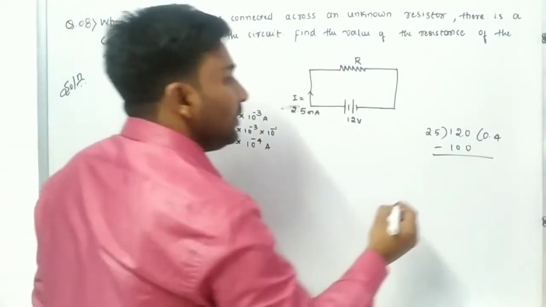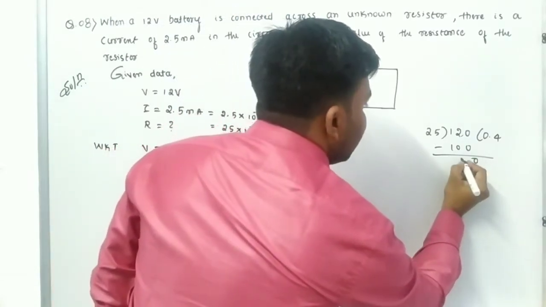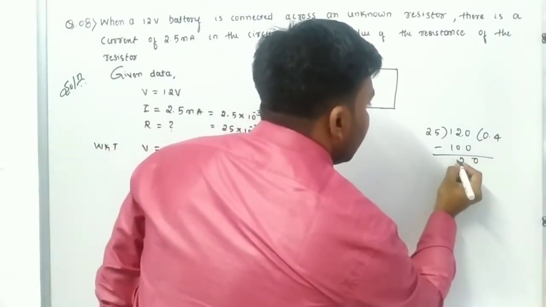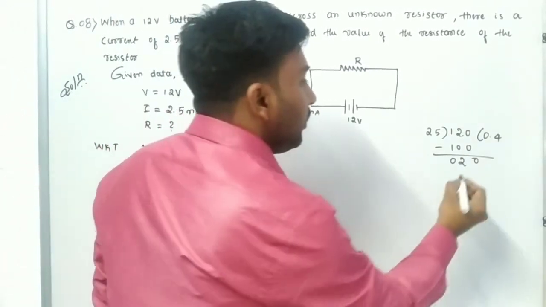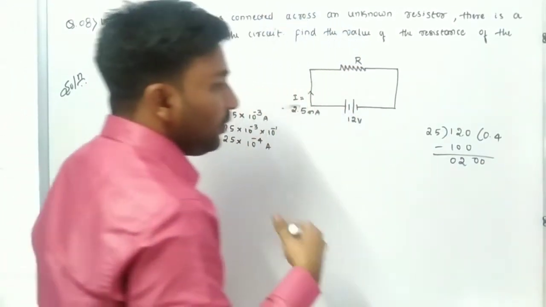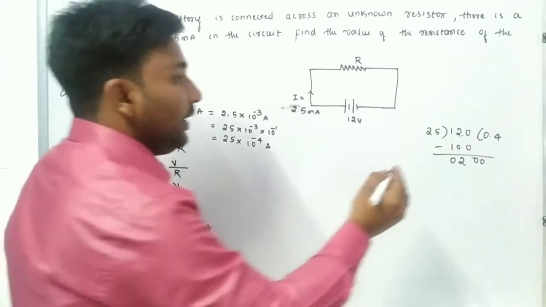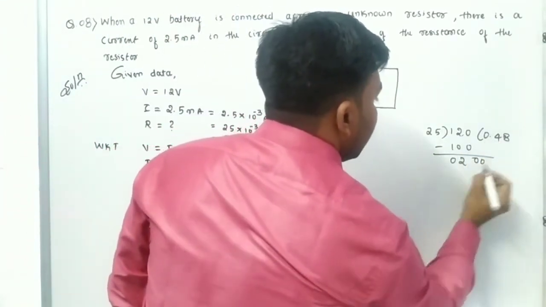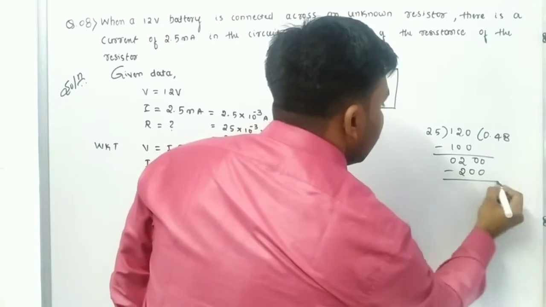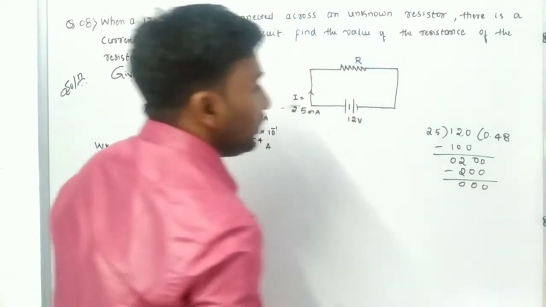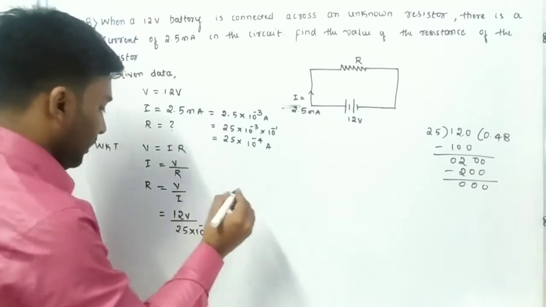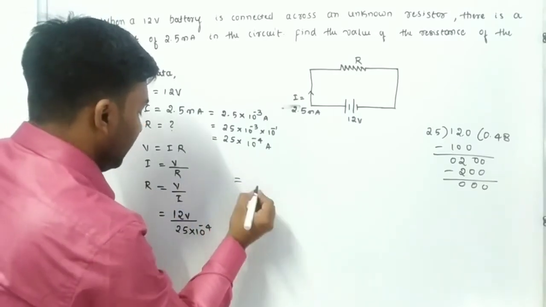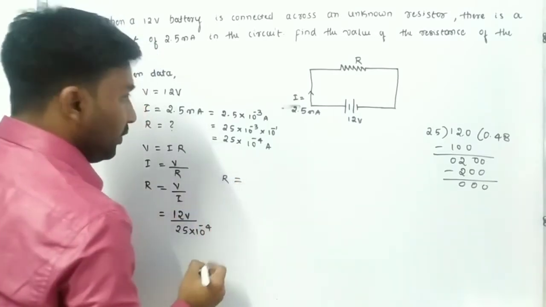Subtract this and you will get 20. Take one more 0. 25 eights are 200. Subtract, and we get 0. So how much did we get? 0.48.